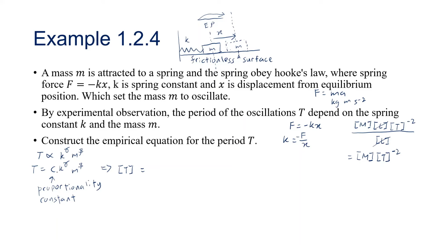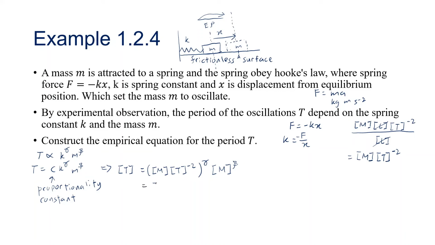Now you see in this equation, k has a power of alpha, so we copy back the dimension: M T to the negative 2, the whole thing to the power of alpha. And the mass has a dimension of M to the power of beta.